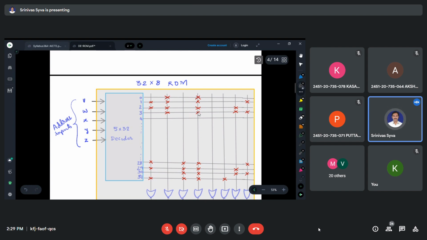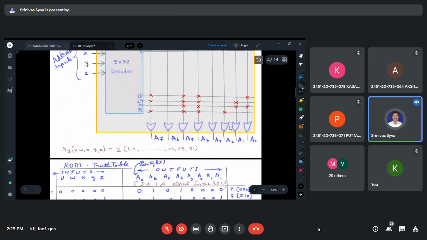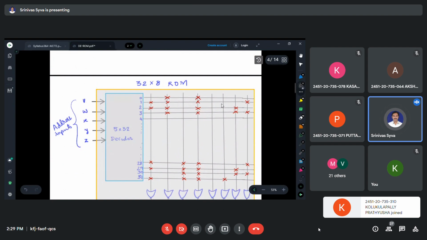It's a hardware programming procedure. So fuses will be kept intact, and at other places for logic 0, the fuse will not be there. The fuse will be blown by applying a high voltage electrical pulse.